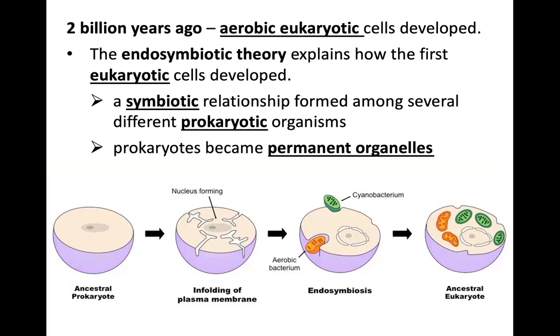And this deals a lot with membrane-bound organelles, specifically the mitochondria and the chloroplast. With the endosymbiotic theory, there's a symbiotic relationship that's happening among different prokaryotic organisms. So what we know as prokaryotes became permanent organelles, which you see happening in the diagram at the bottom over time.